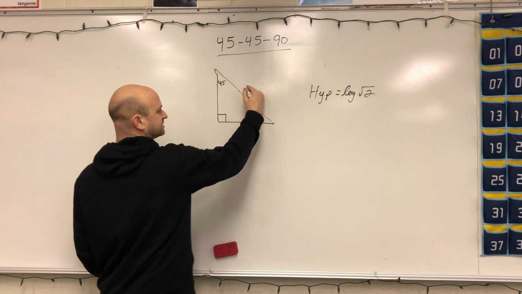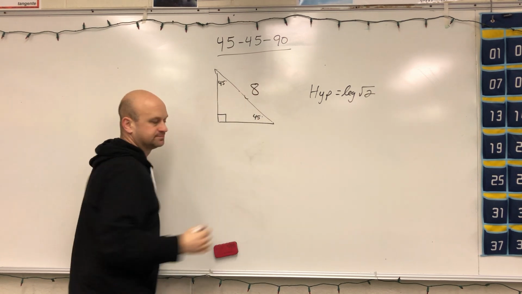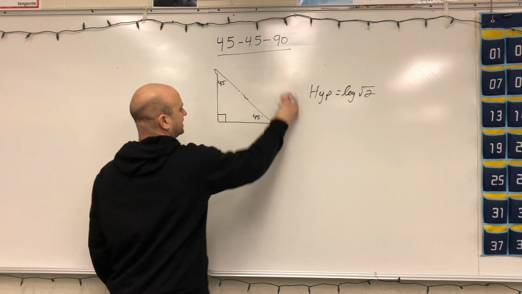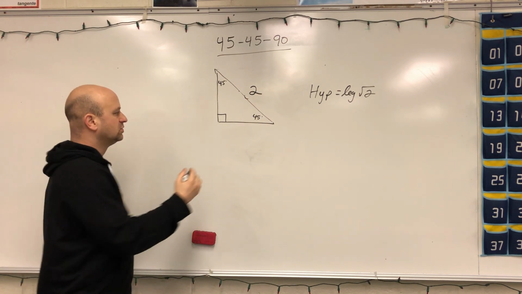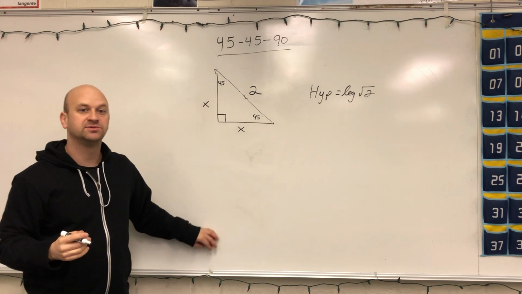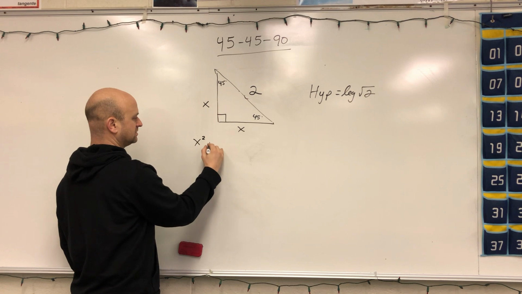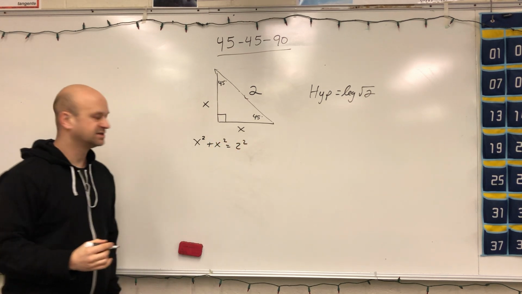And so in this example, what if the leg was 2? Okay. Well, if the leg was 2, these two sides would be x. They would both be the same. So if we use Pythagorean theorem, we would get something like this.